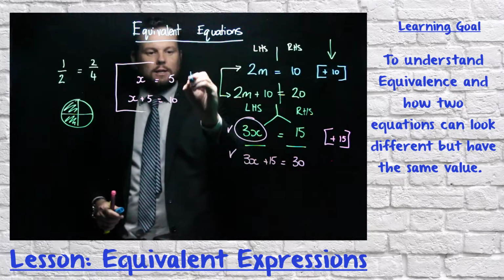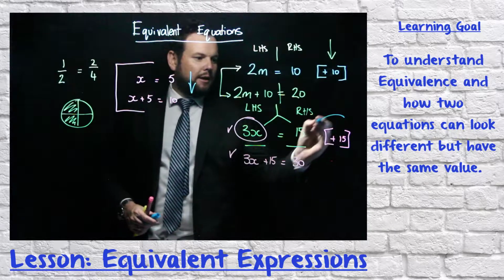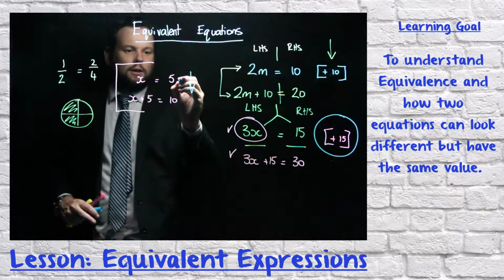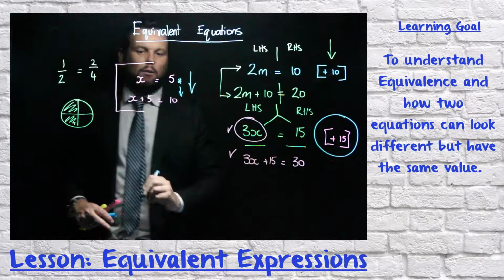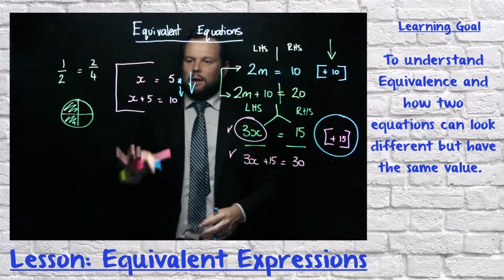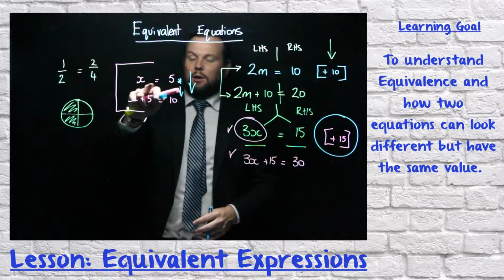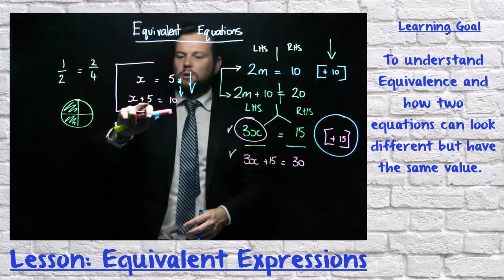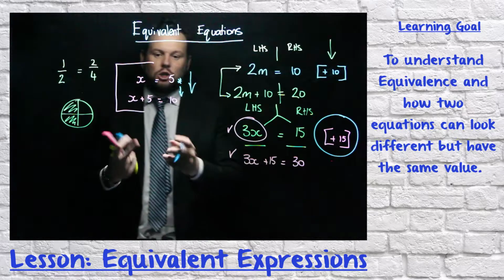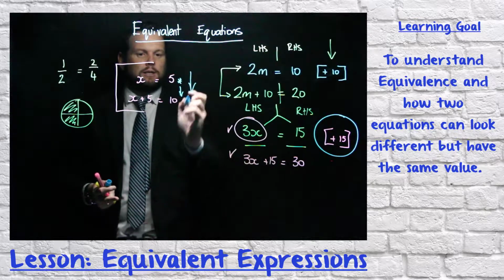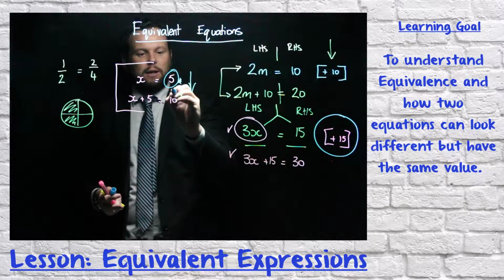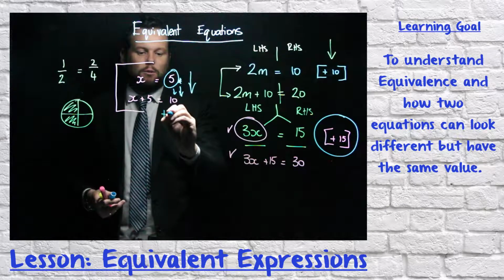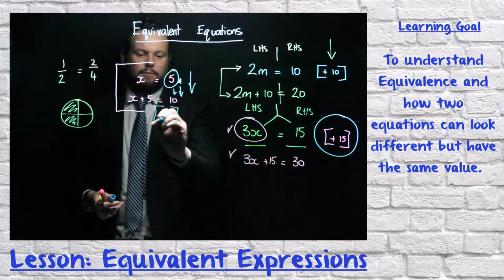So what has been the operation that has been applied to turn this one into that one? And it's a giveaway because on this side, we can see that x is by itself, but here it's got a plus 5. And then we can check that on the right-hand side: here I had 5, but now it's 10. So obviously 5 has been added. So the answer to that would be plus 5.